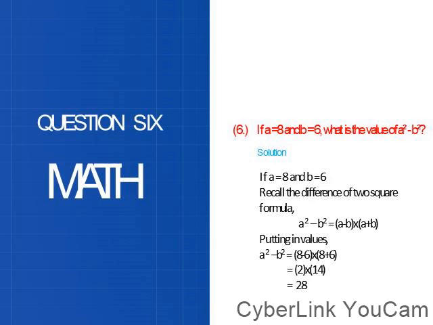So if we put in the values, a is 8, b is 6, so we have 8 minus 6 times 8 plus 6. 8 minus 6 is 2, times 8 plus 6 is 14.